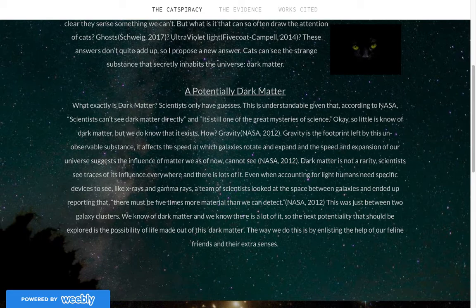So in "Potentially Dark Matter," this is pretty decent. It uses sources to credibly summarize a scientific concept. But what we see here is a bit of a hasty generalization, which is pretty common when you get unscientific sources talking about a scientific concept. Science can be complex in how the theories are presented and how they interact with other theories and scientific concepts.